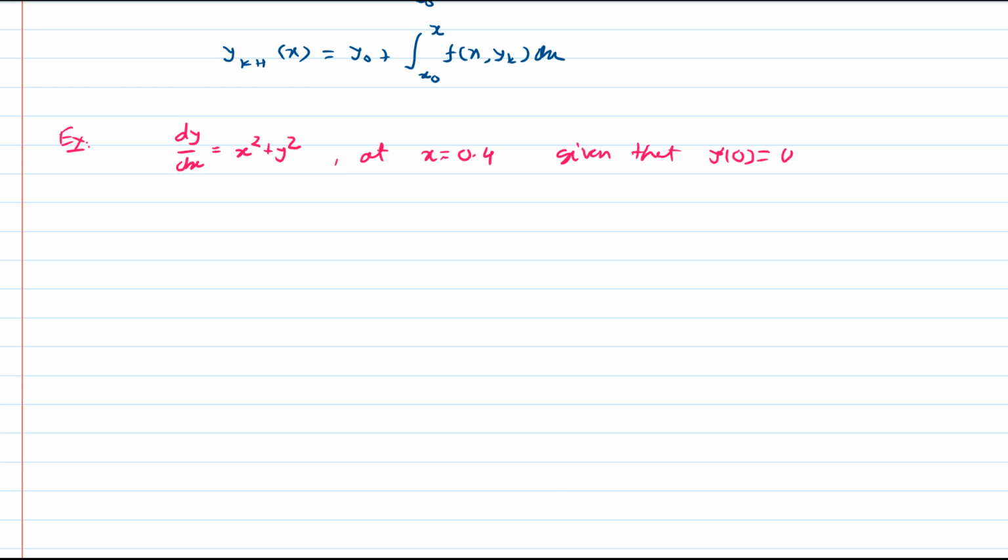We want to find the solution using Picard's method. Let us go up to at least 2 approximations and see what we get. As we know, this is the formula we have: y(k+1)(x) equals y0 plus the integral from x0 to x.